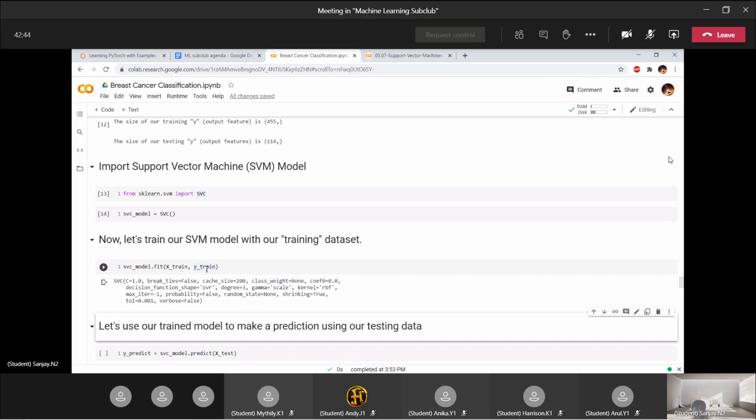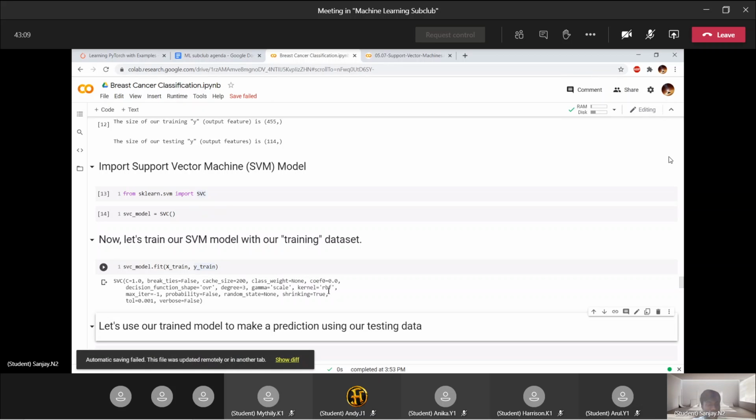When you don't specify a kernel, it automatically chooses one for you. So generally, you don't always have to specify one. The RBF, by the way, stands for the radial basis function kernel, and it's one of the most popular kernels used with SVMs.